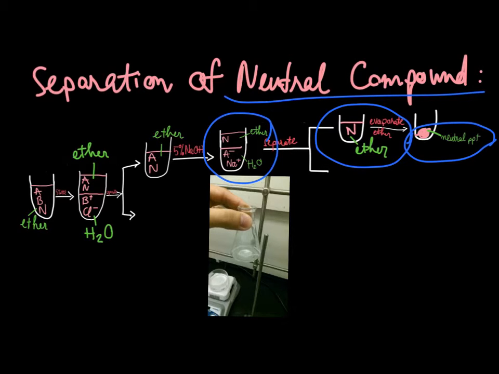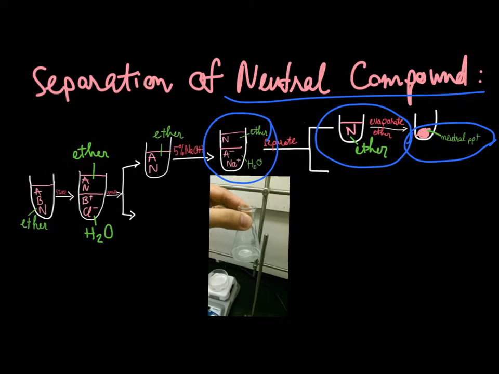So in order to extract the neutral compound, we need to wash the ether layer with a saturated salt to remove the dissolved water into the aqueous phase.